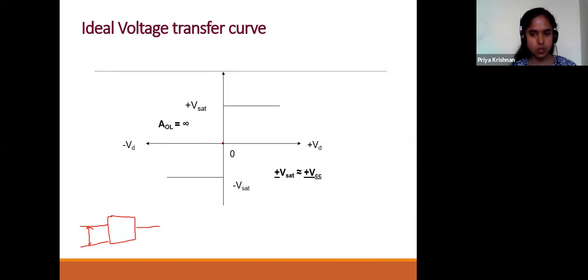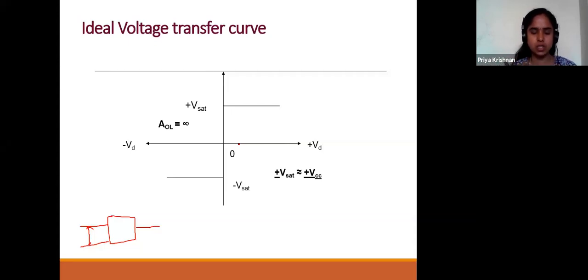Even if the difference is 1 volt, my output goes to saturation immediately, either positive or negative saturation. Please listen, this is only for the ideal op-amp, not for the practical op-amp. So I cannot control my op-amp in the linear region. The op-amp immediately goes to the saturation region.